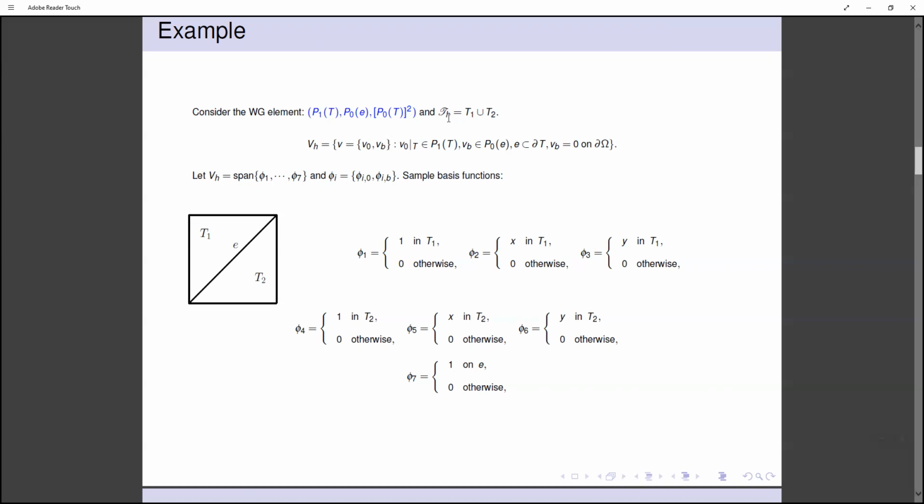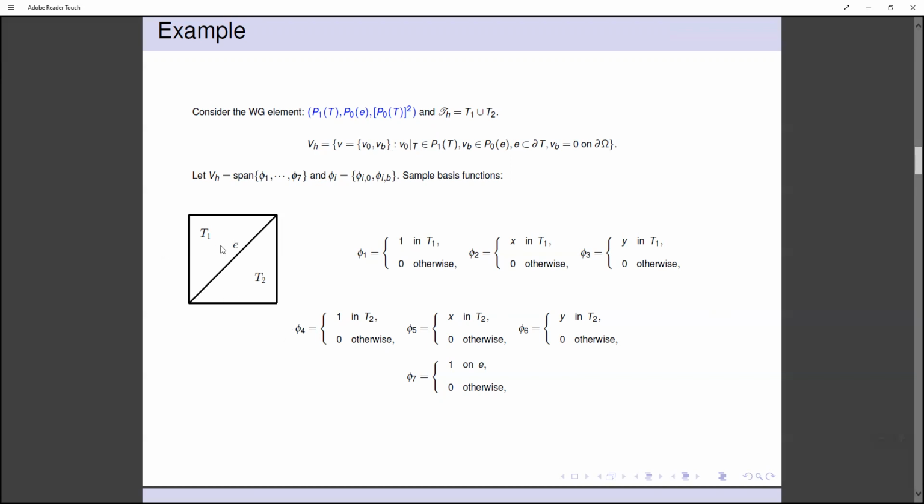Our triangulation for this case only has 2 elements, T1 and T2. And VB here is 0 on the boundary. So the only edge associated with a non-zero VB is this diagonal E here. All right, so that's our VH. Obviously, VH is finite dimensional. So what is the dimension? Now, V0 is a P1 polynomial on each element.